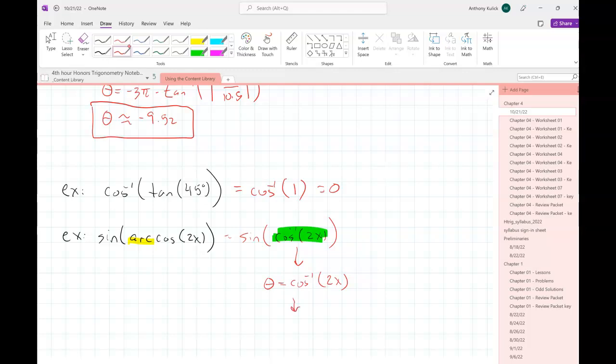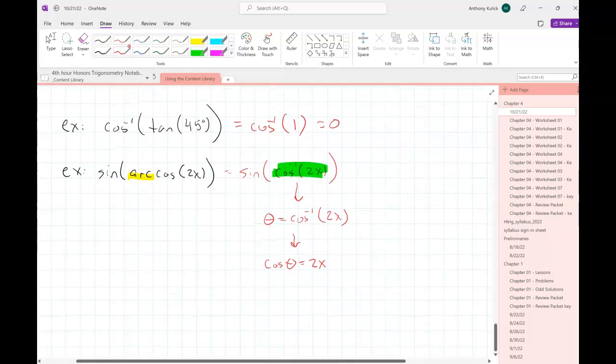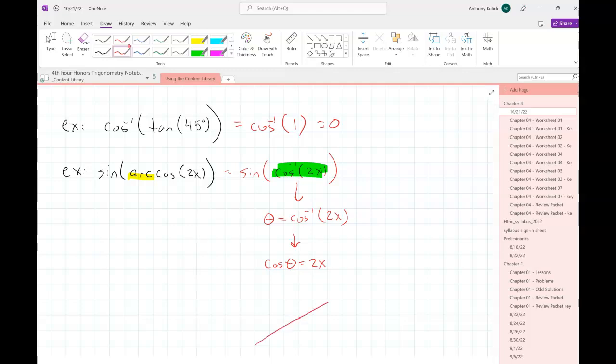This is the same thing as saying cosine theta is equal to 2x. So far, so good? Then I can use this to draw a right triangle.